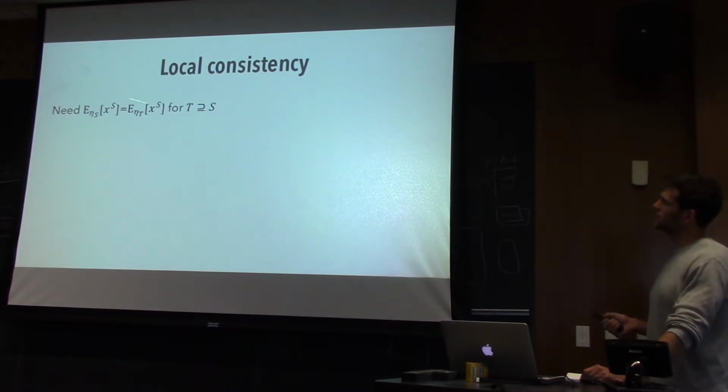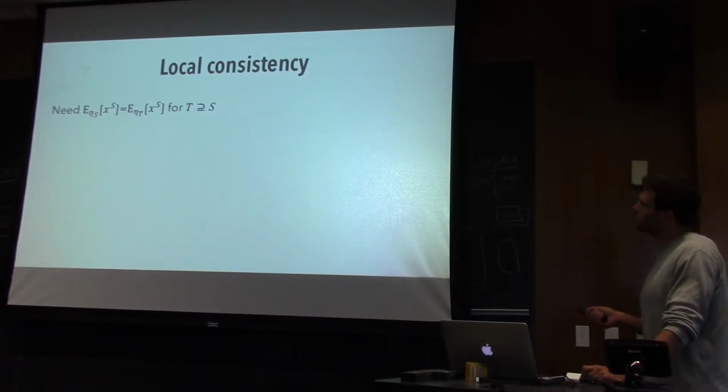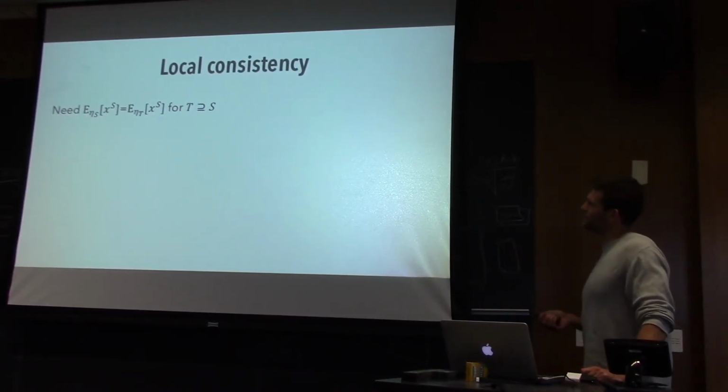You need that, for example, for Sherali-Adams. This is how a probability distribution should behave: you should be able to marginalize over them, and this is how things should work.